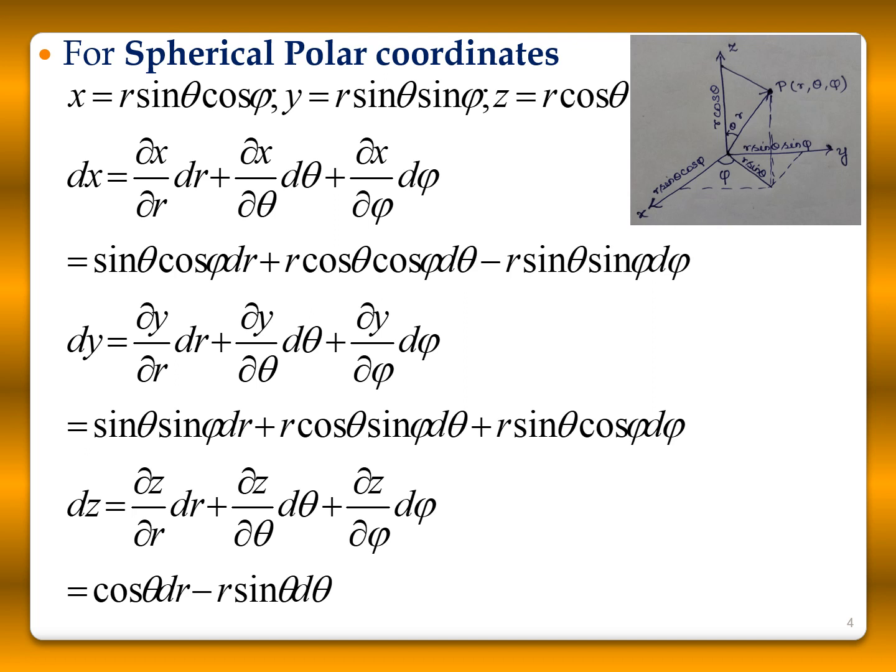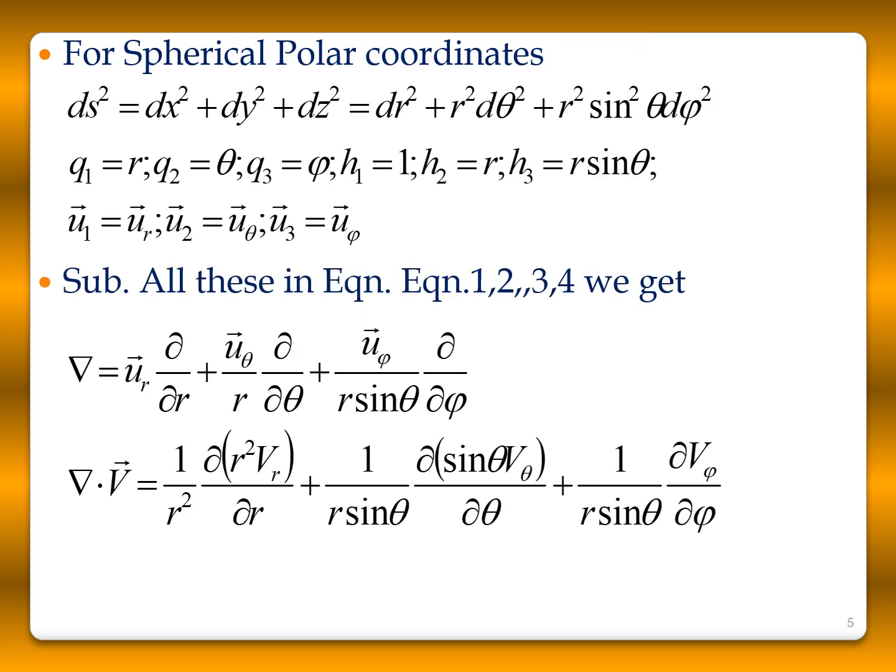Differentiating, we get sin theta cos phi dr plus r cos theta cos phi d theta minus r sin theta sin phi d phi. Similarly for dy and dz. By this we can find dx in terms of r theta phi, dy in terms of r theta phi, and dz in terms of r theta phi.